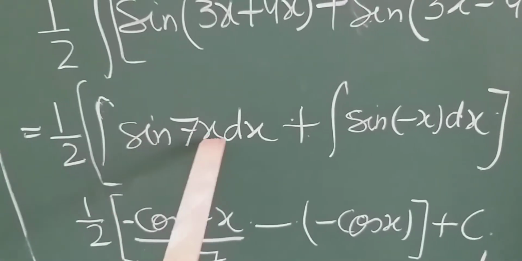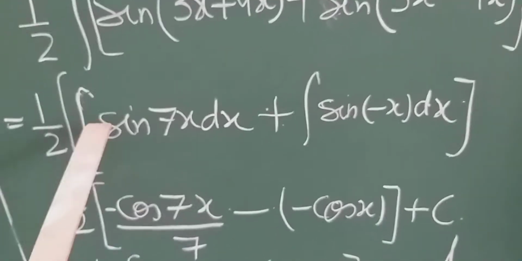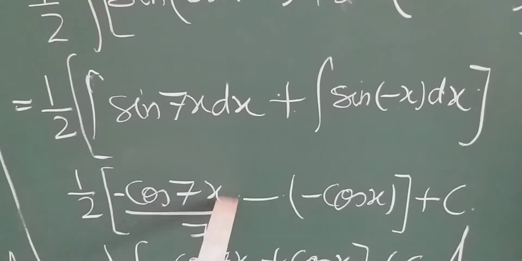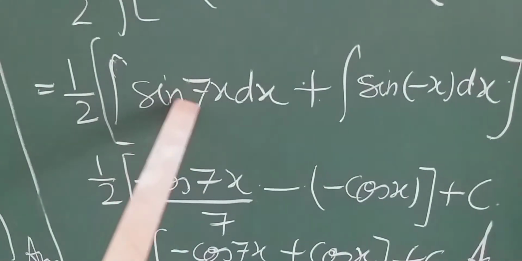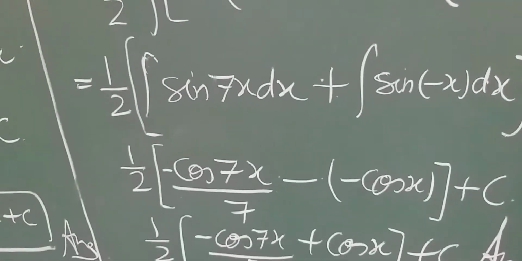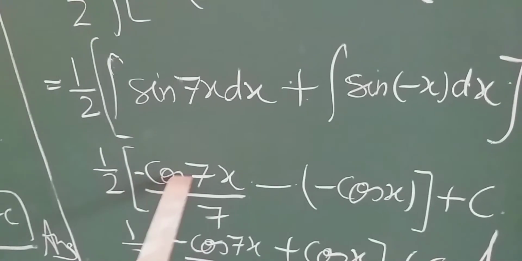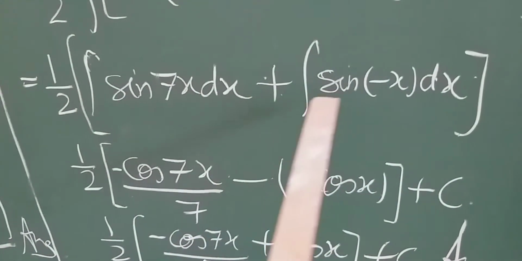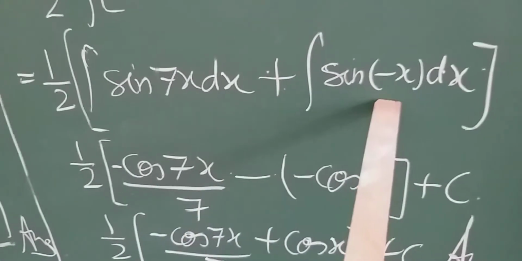Now we have to find their integration. Sine x integration is minus cos x. So sine 7x integration is minus cos 7x upon 7, because we know that the coefficient of x must come in the denominator. Then sine(minus x) becomes minus sine x.